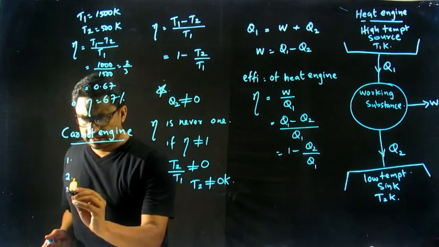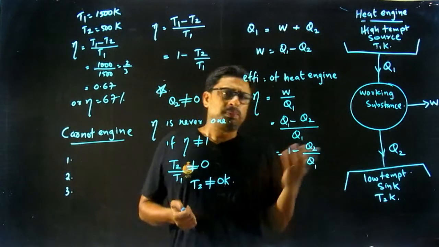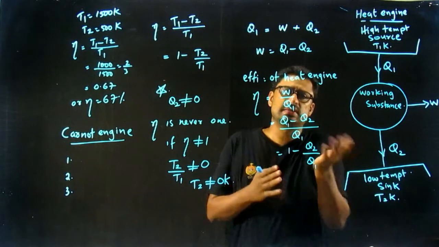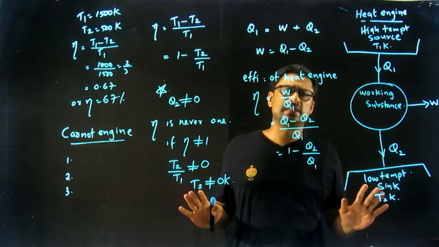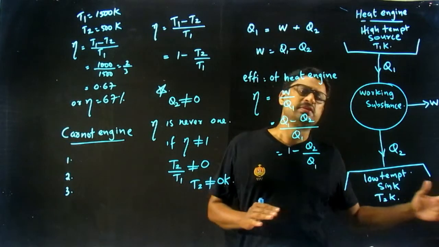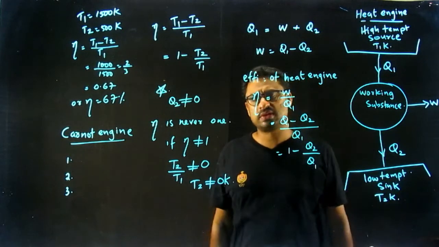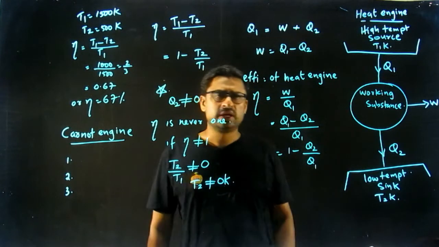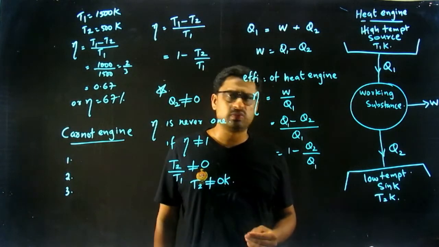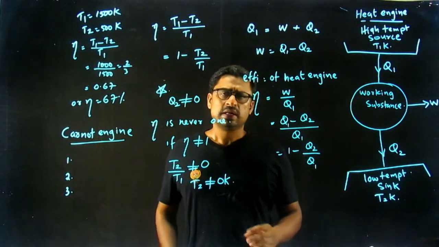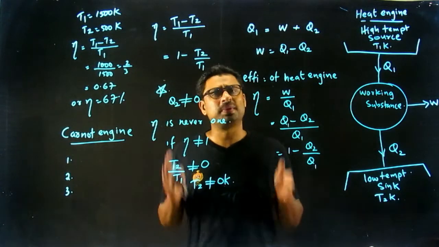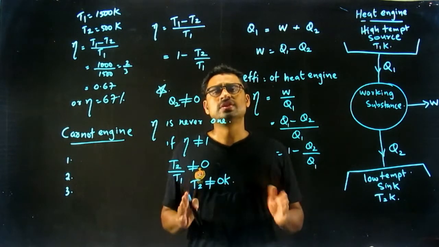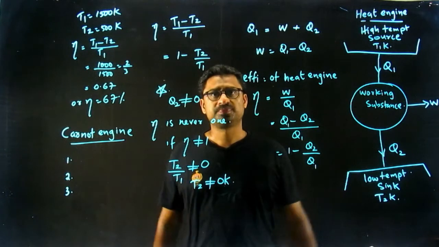And third thing, the platform which supports the working substance, or the container in which the working substance is, should be a perfect insulator of heat energy, so that the heat is not wasted by conducting it to the surroundings. So source and sink should have infinite thermal capacity. The working substance should be a perfect gas. The working substance should be supported by a perfect insulating stand. These are the requirements for an engine to be a Carnot engine.